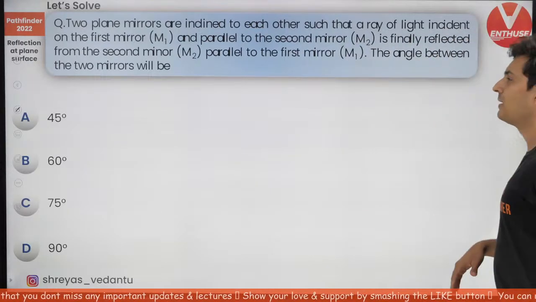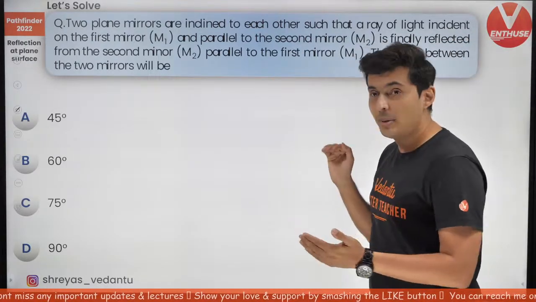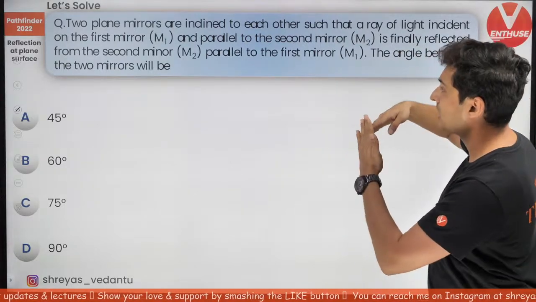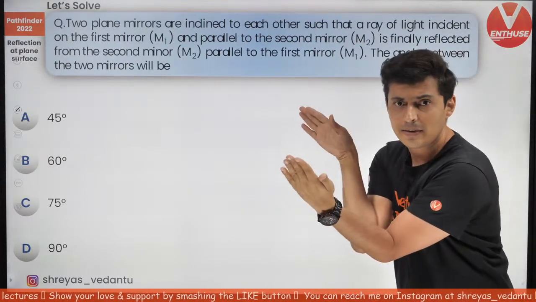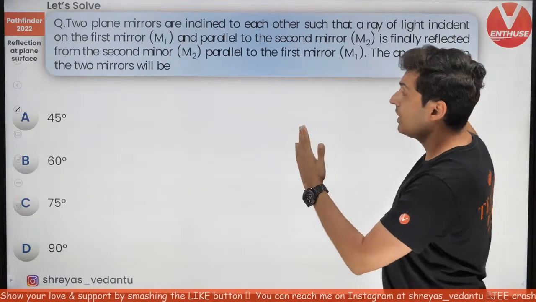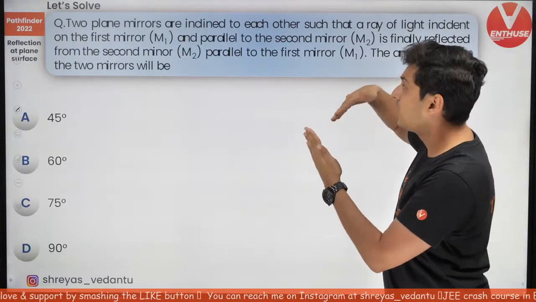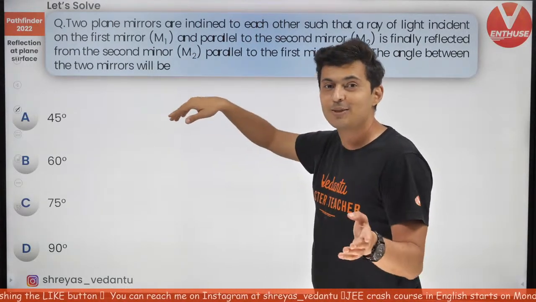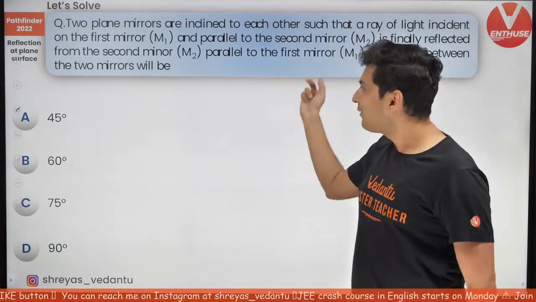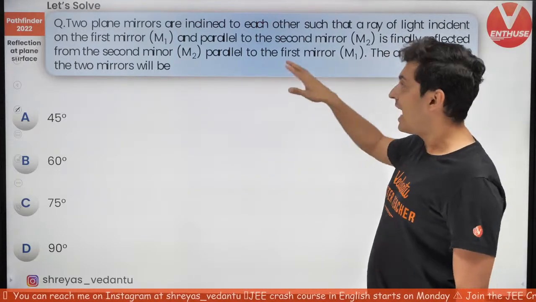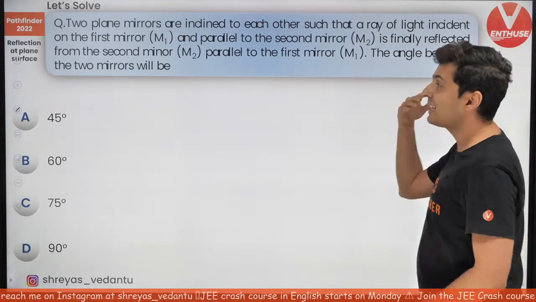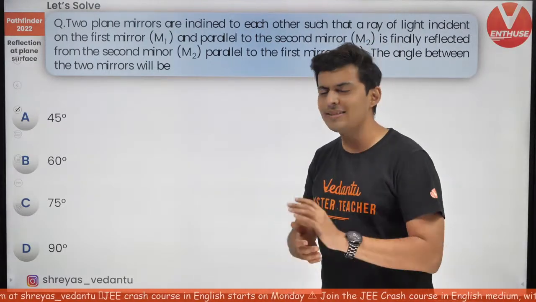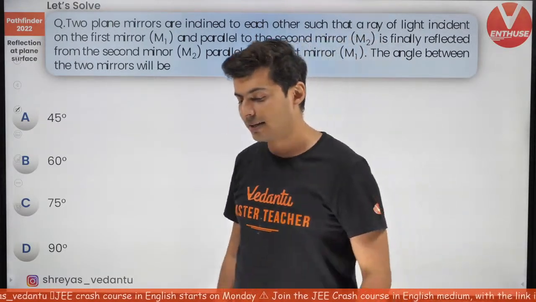The light which is coming and falling on mirror 1 is initially not parallel to M1, it is parallel to M2. After it reflects from the second mirror, that time it is parallel to the first mirror. So first think, what will the diagram look like?